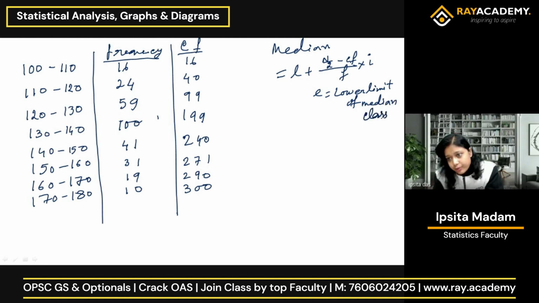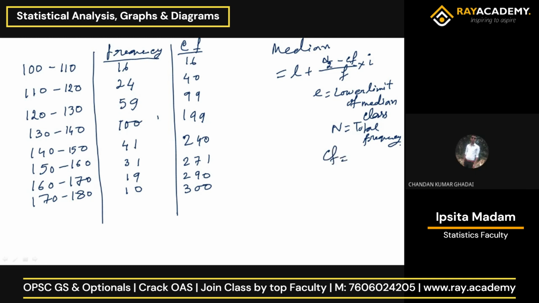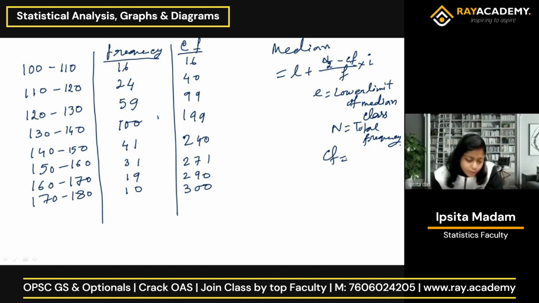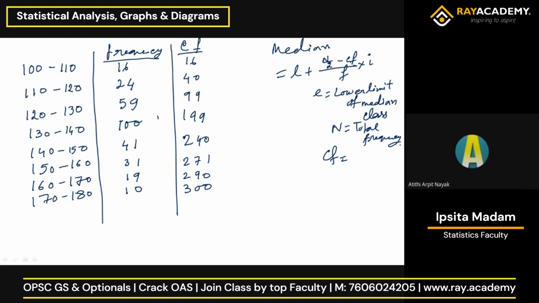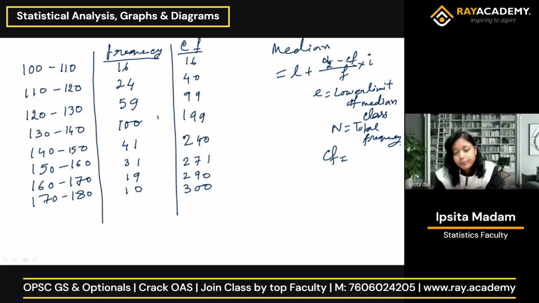N represents the total frequency. CF is the cumulative frequency of the data. Yes, cumulative frequency, but of which section? Ma'am, the frequency before the median class. Very good. Cumulative frequency of just the class preceding the median class.